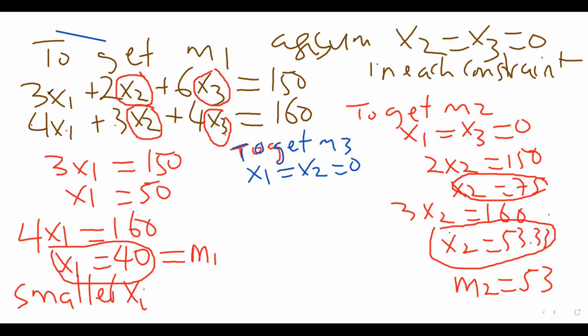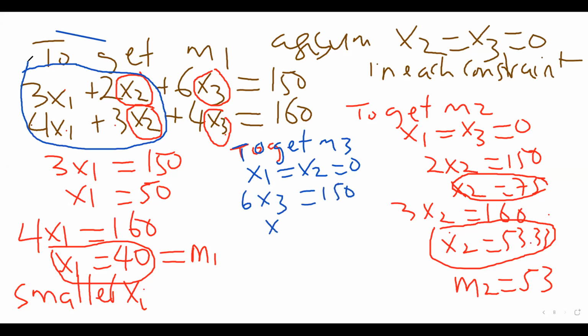So these parts here are all going to be 0. We'll be left with, in the first constraint, 6x3 equal to 150, which means that x3 is equal to 150 divided by 6.